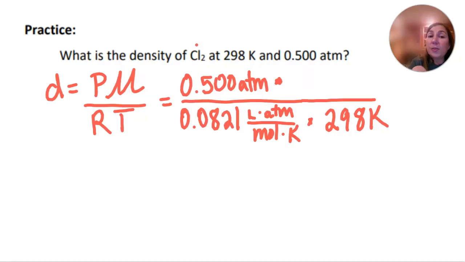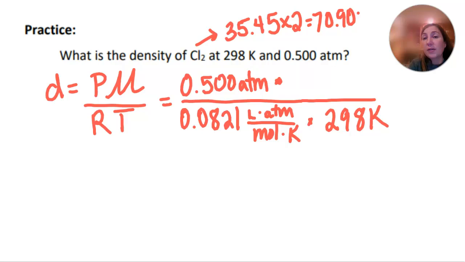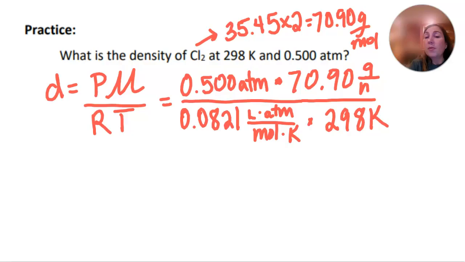Take a second to find your periodic table. Find chlorine. It's 35.45, but there are 2 of them, so this is going to be 70.90 grams per mole for a molar mass. Let's put that molar mass of 70.90 grams per mole in our equation.